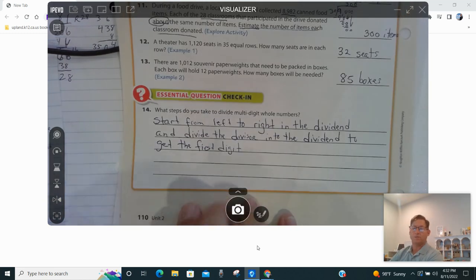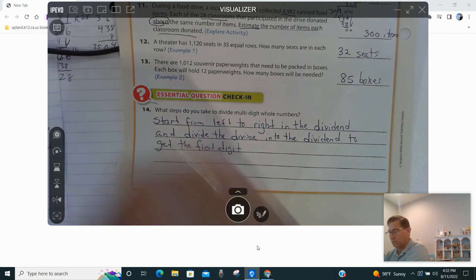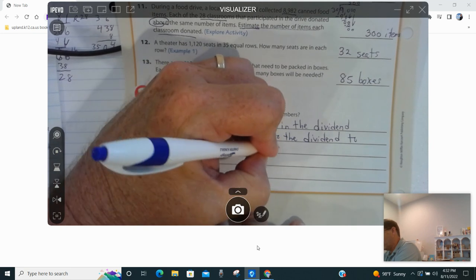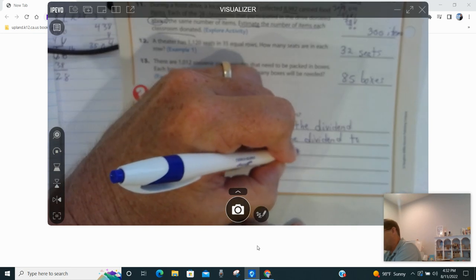Once we have the first digit, we're going to multiply that by the divisor.